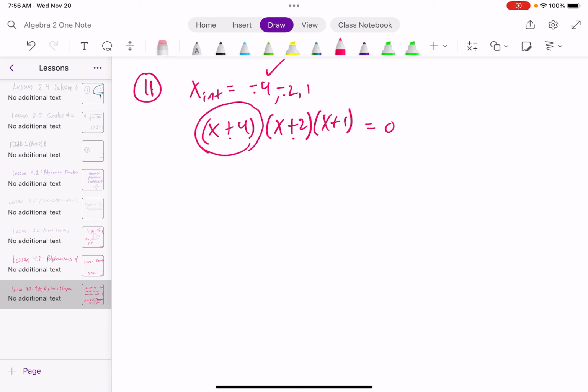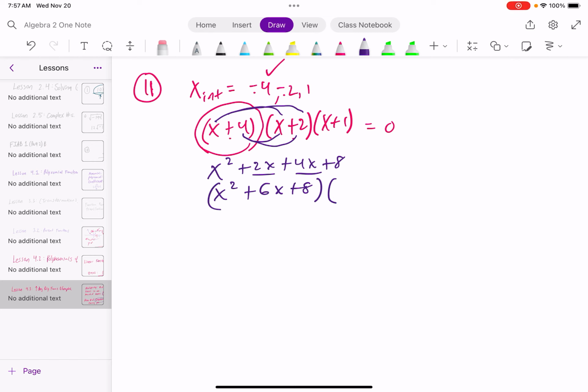So now, it says to write in standard form, we got to multiply it out. So I'll do x times x, and then x times 2, x squared plus 2x. Then 4 times x, and then 4 times 2, plus 4x plus 8. And then combine like terms, these and these.